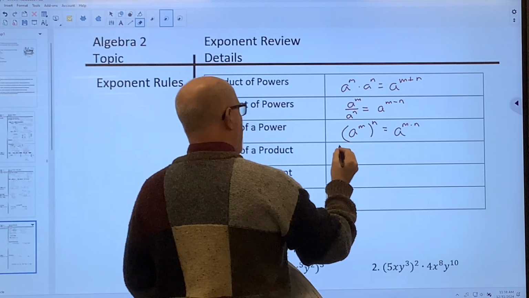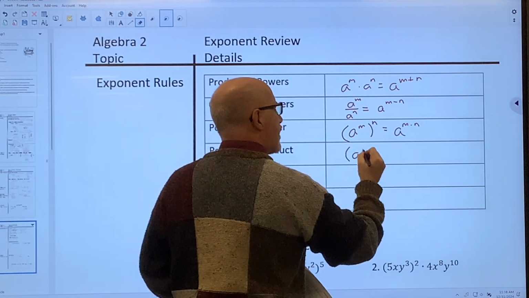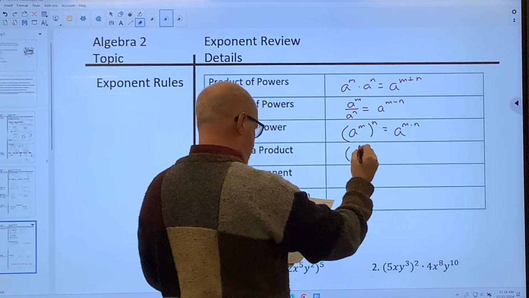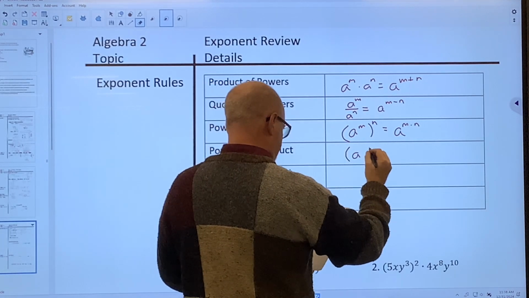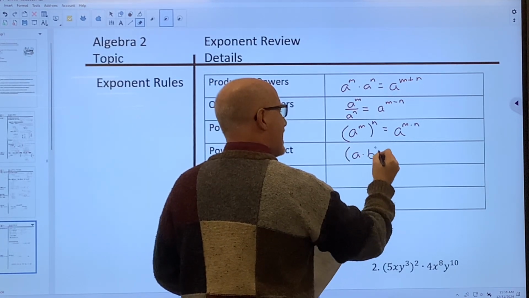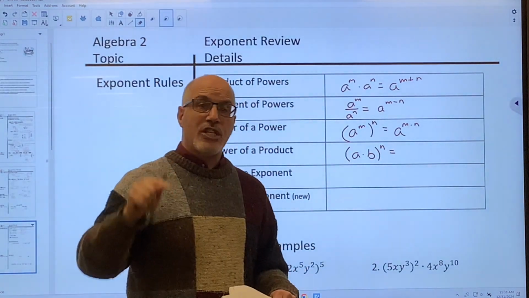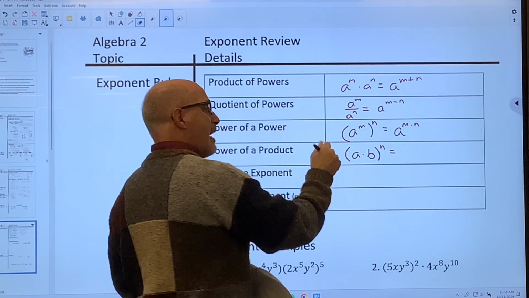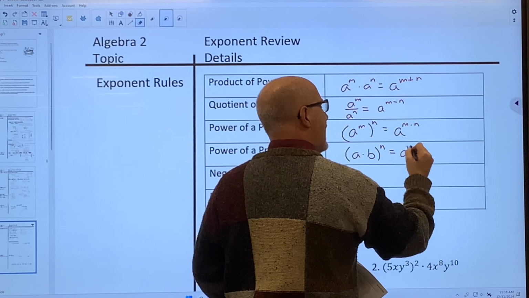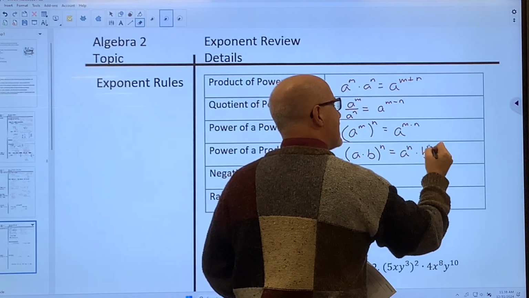Now, power of a product, this is where you have to remember that if you're going to have two numbers on the inside here to an exponent, that exponent has to come into each of the terms on the inside. It's got to come into the a, and it's also got to come into the n.